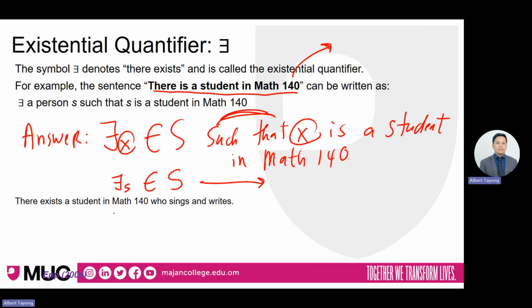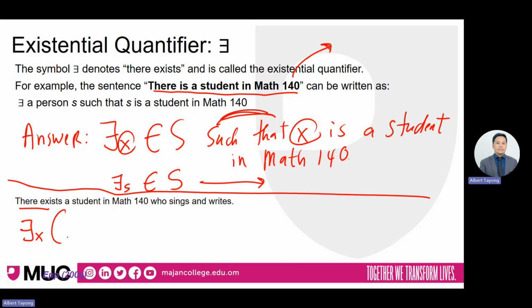Here, there is a student in Math 140, and we have verbs, some action words. Okay? So it will be different now. We will not be using this such that here. So here, there exists is this. Okay? Then open. We had this in our revision file.